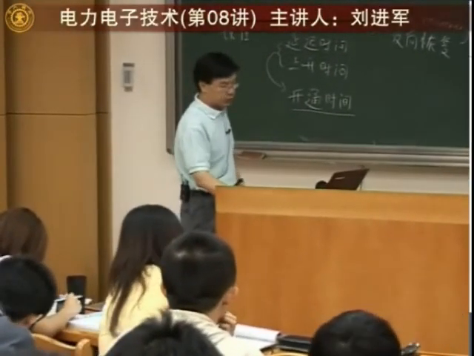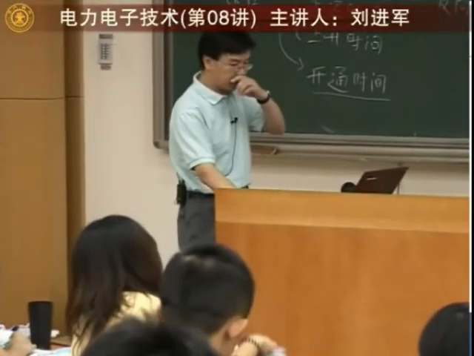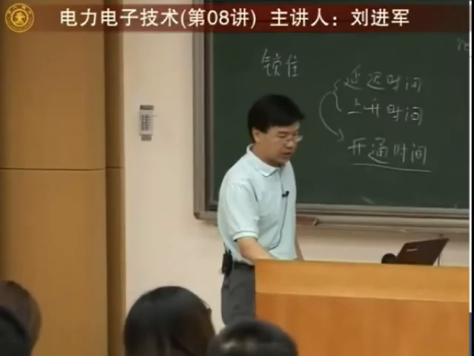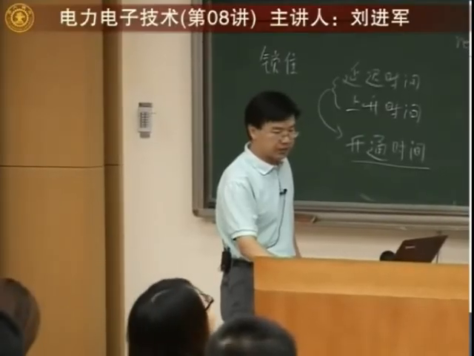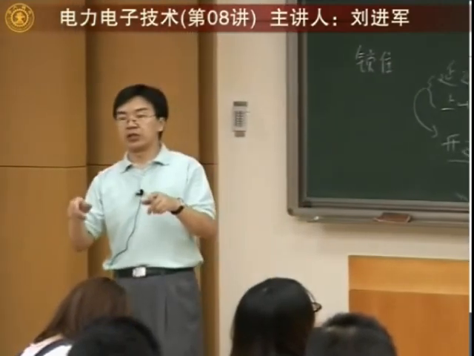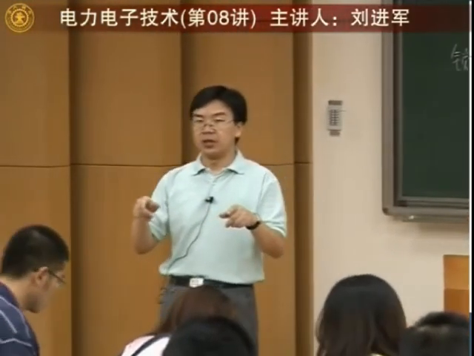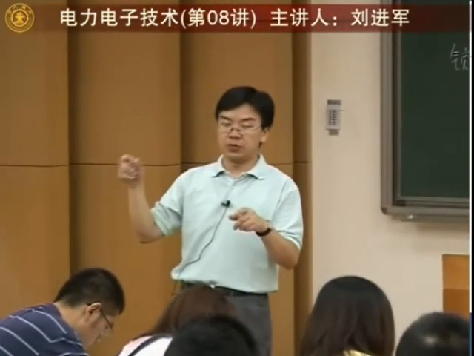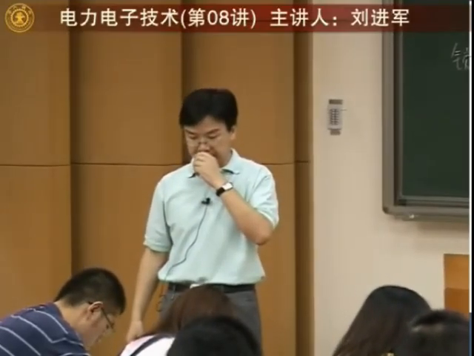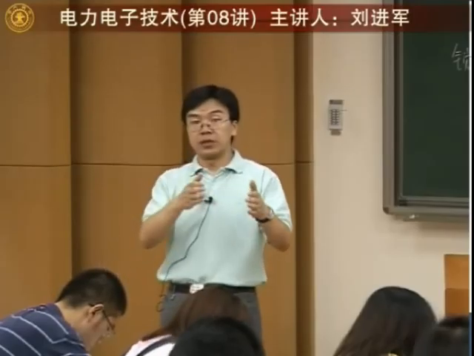For example, there is the peak repetitive forward blocking voltage. The first one represents the maximum voltage the thyristor can sustain if you apply this voltage repeatedly. Okay, forward voltage.